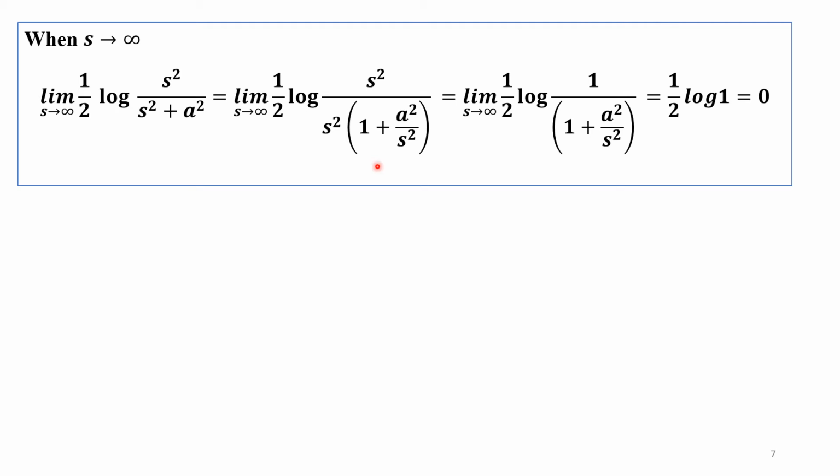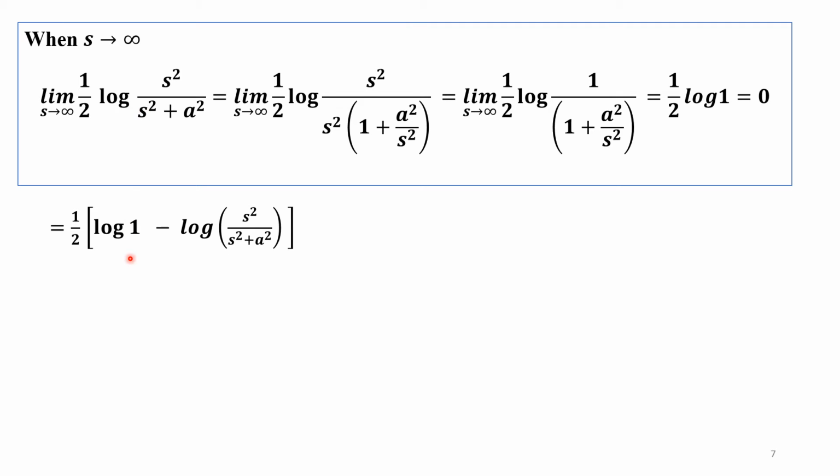We are taking s square outside from the denominator, cancelling this s square, and then applying the limit as s tending to infinity. So now we get a square upon infinity. Anything upon infinity is 0. So this whole term will become 0. So log of 1 by 1 will remain, which is log 1, but log 1 is again equal to 0. So we can write the upper limit as 0.